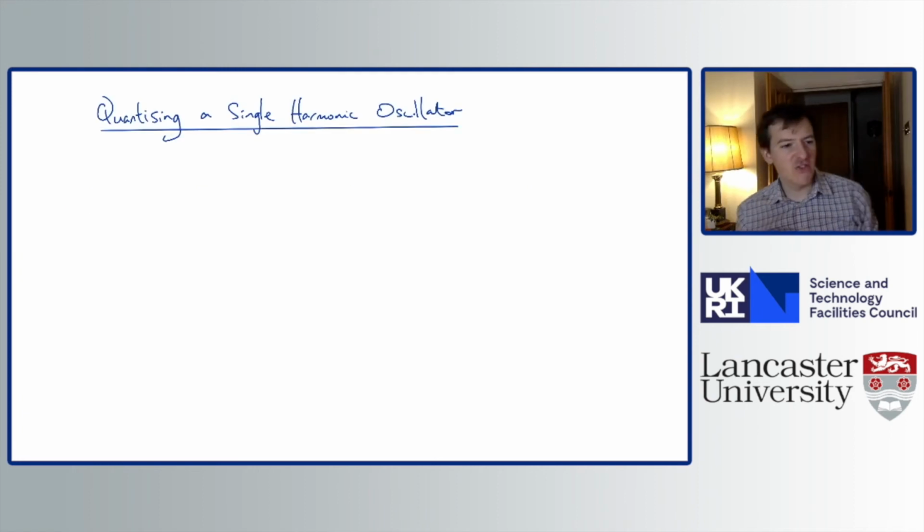For the rest of this lecture, I want to recap the techniques for quantizing a single quantum harmonic oscillator. Remember, we met the Hamiltonian for a single harmonic oscillator when we looked at the classical mechanics section.